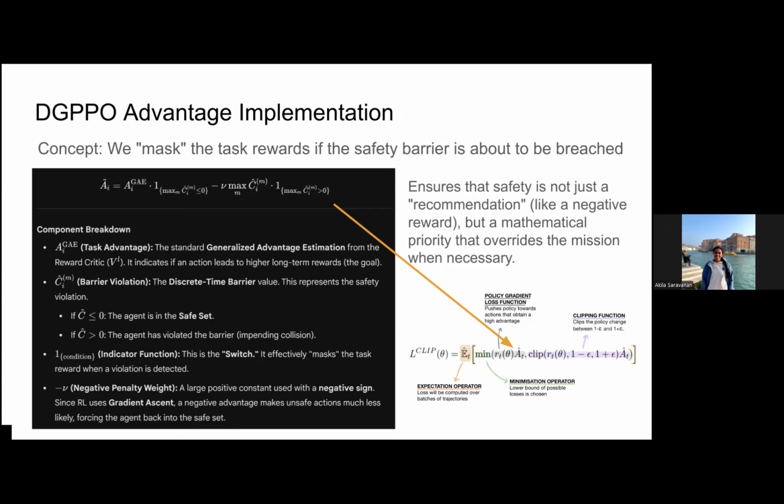So we're saying that by taking this action you will violate your safety constraint, and therefore you'll have a negative advantage, which would impact the loss accordingly. That's basically the equivalent of a negative reward, so the agent prioritizes entering back into the safe region, as opposed to taking the optimal action.